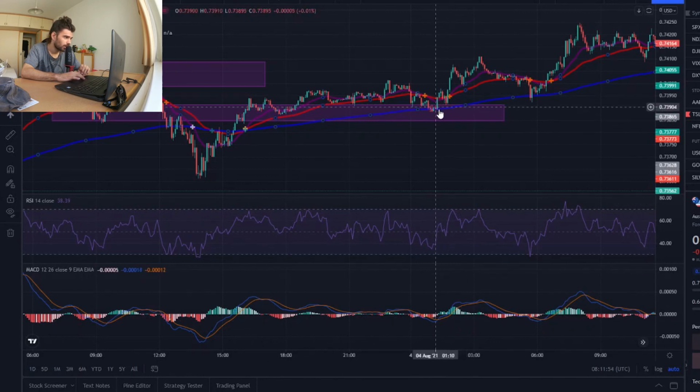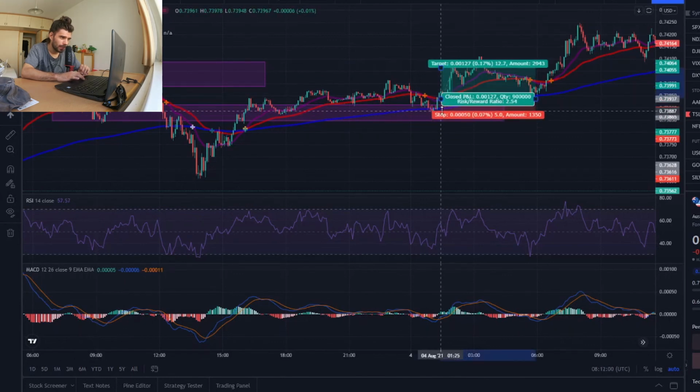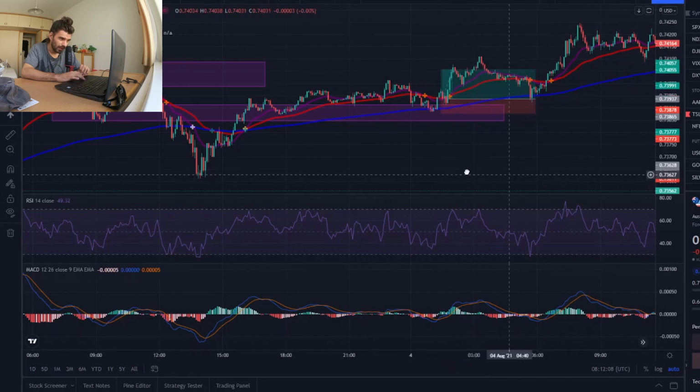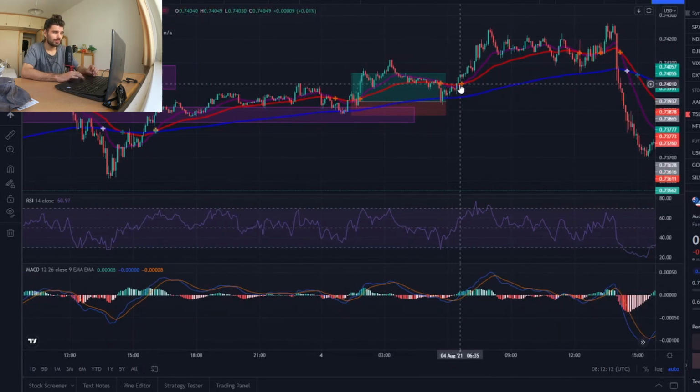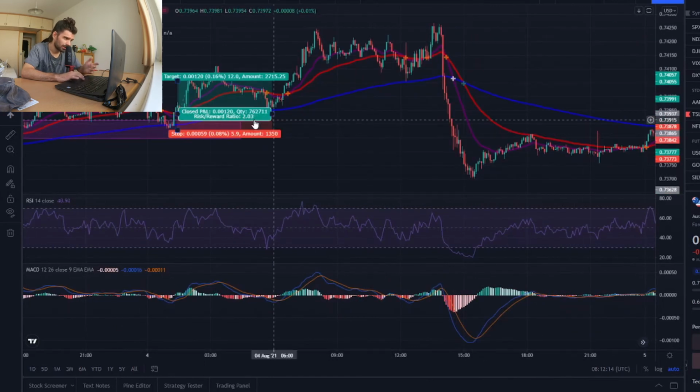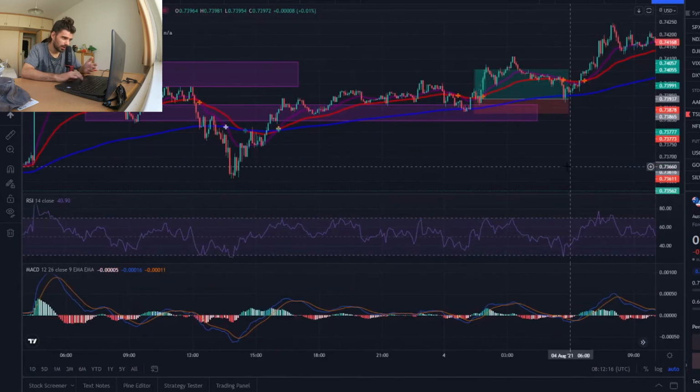Entry point would be here, and stop loss at the lowest point somewhere around here. Risk reward 1 to 2, and here you go. Oh wait, so somewhere around here. And the next point would have been somewhere here, entry point. So like I said, this kind of patterns happen all the time.